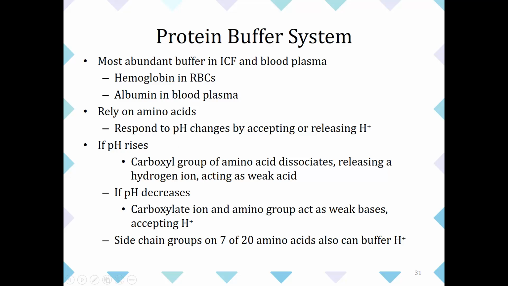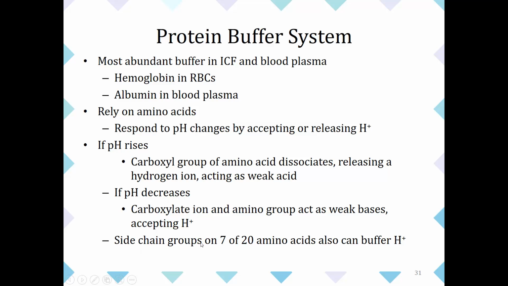This gives you in words what we were just talking about with the protein buffer system. If the pH rises, that carboxyl group can come apart and release a hydrogen ion. If the pH decreases, it can accept a hydrogen ion.